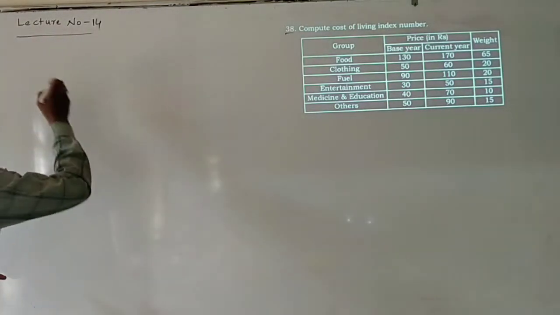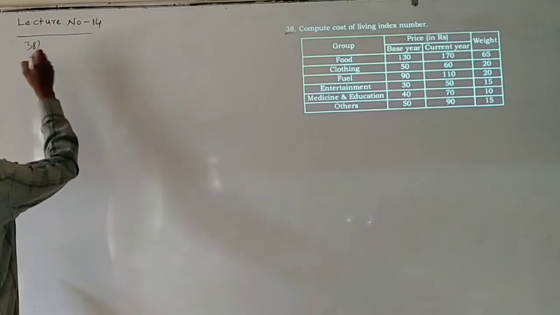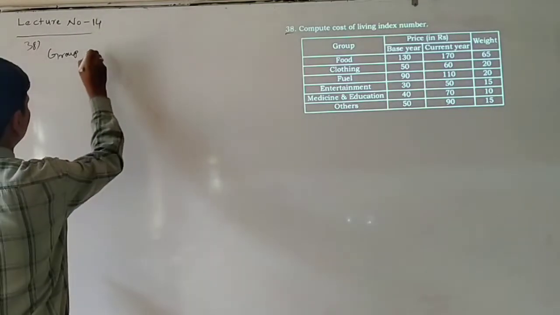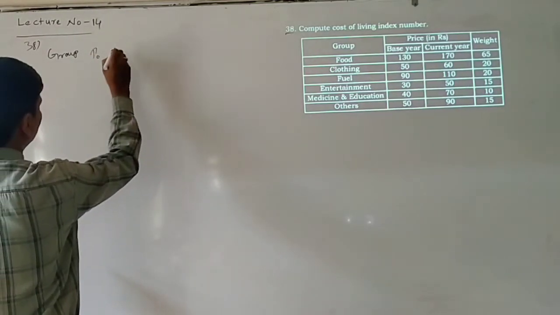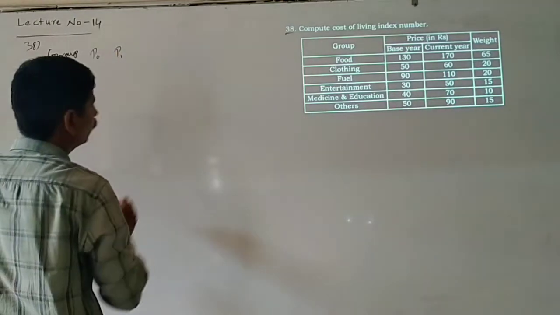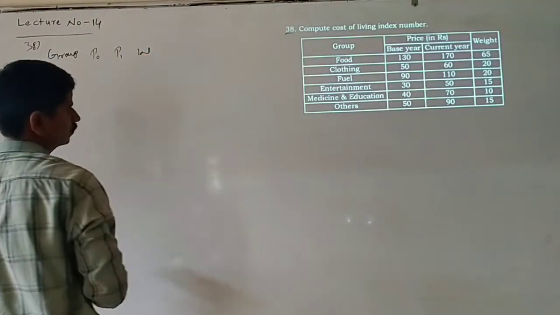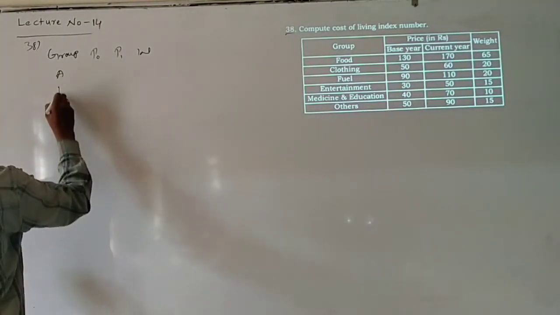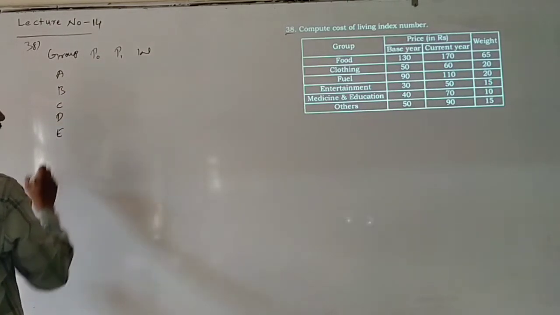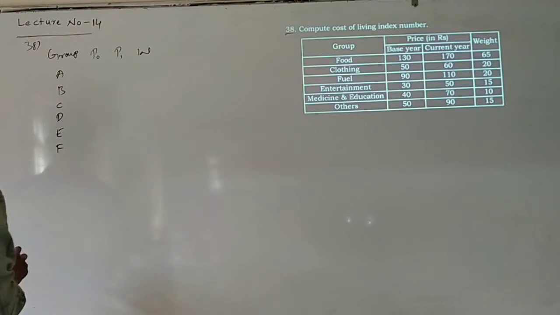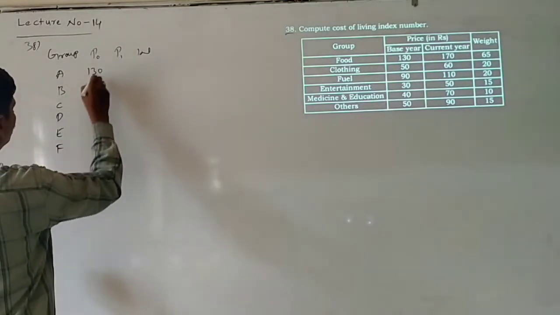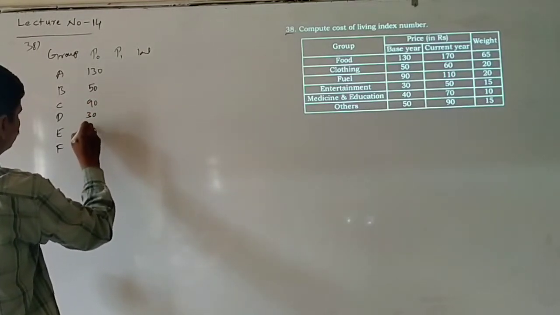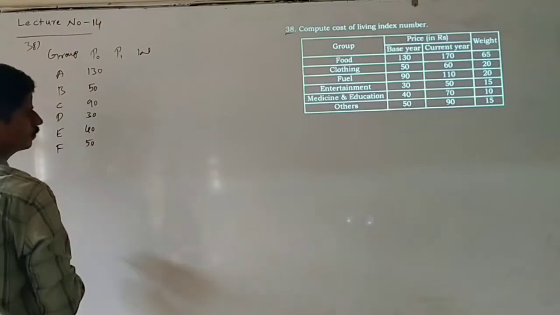First, we have to write down the values. Group; the price in base year is denoted by P naught, price in current year is P1, weight is W. Here groups are A, B, C, D, E and F. Here P0 values are 130, 50, 90, 30, 40 and 50.